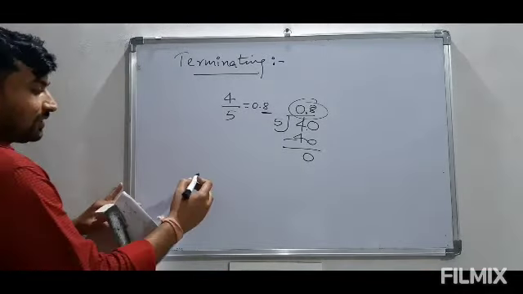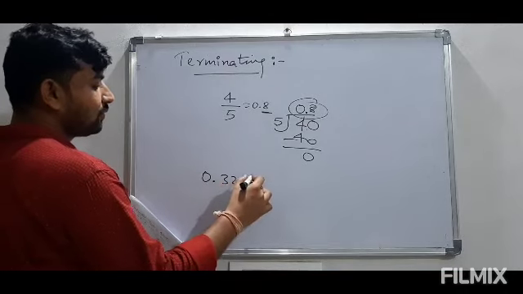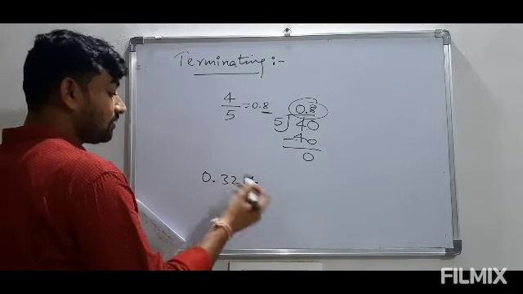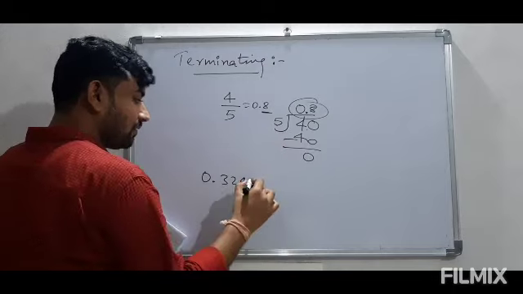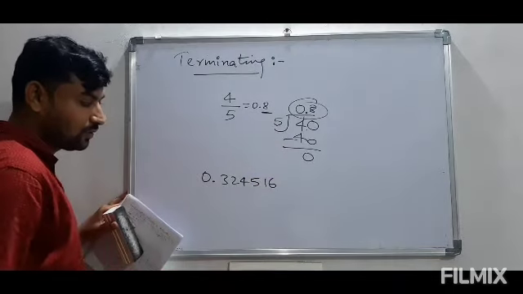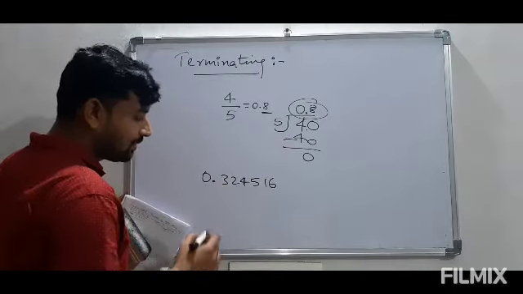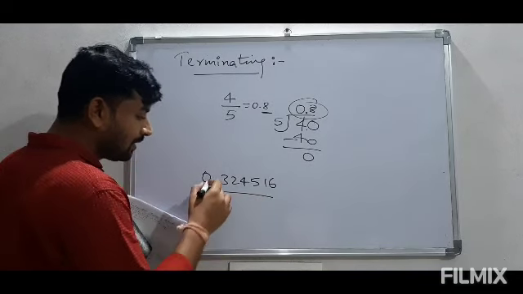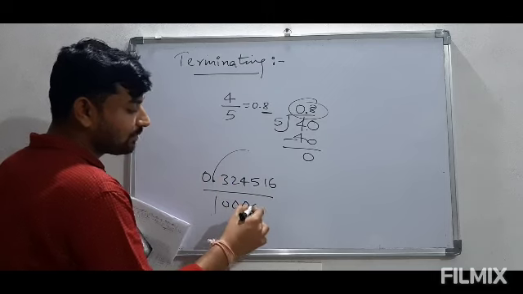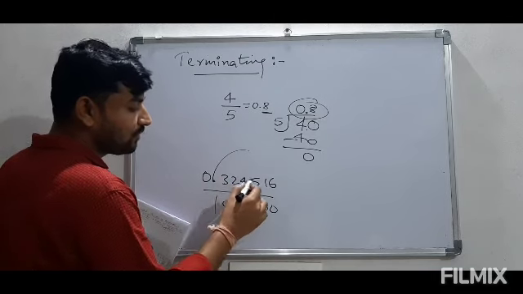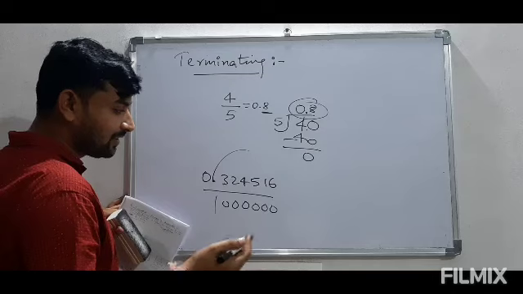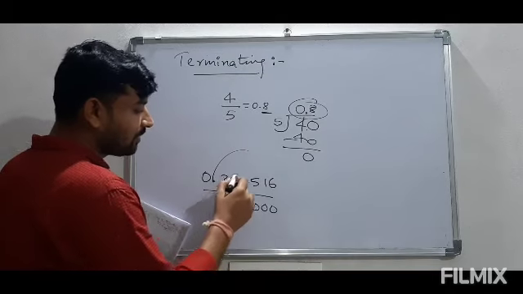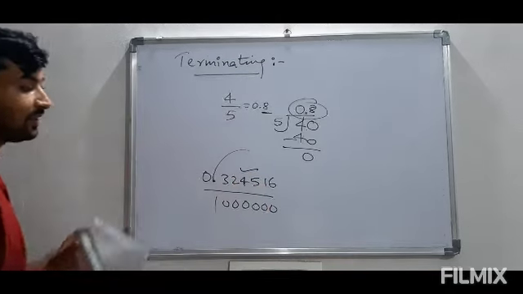There may be some other example like 0.324516. So if it is a decimal number, it is a rational number, as we can write it upon 1 and remove this decimal. 1, 2, 3, 4, 5, 6 digits are there in the decimal part, so it is terminating after 6 digits.